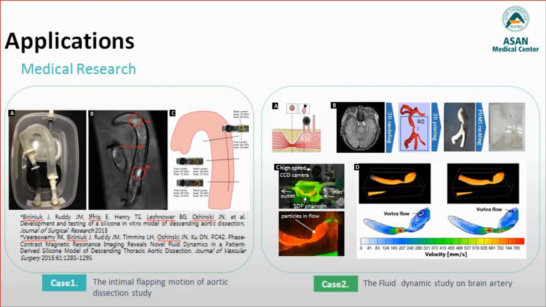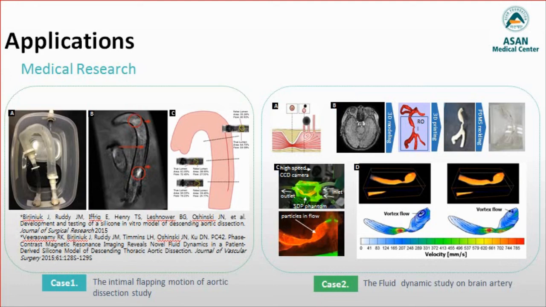A 0.5 mm layer was first cast on the true lumen mold, and the second casting was then performed over the initial cast to make the false lumen. 4-dimensional flow MRI was used to quantitatively measure the local velocity profiles of both lumens.